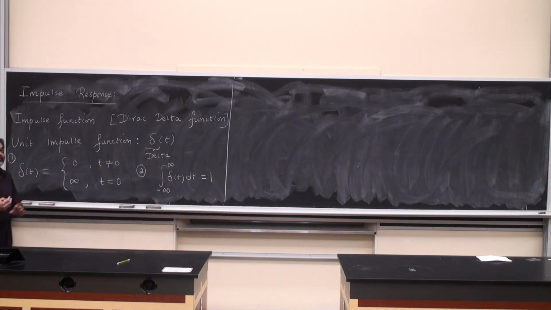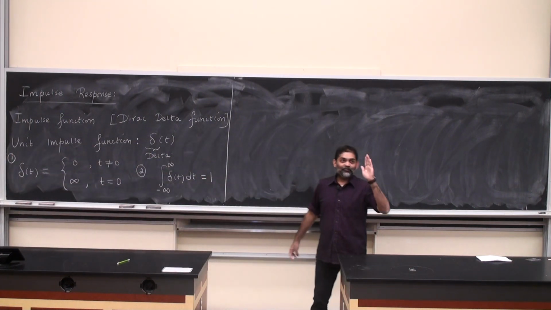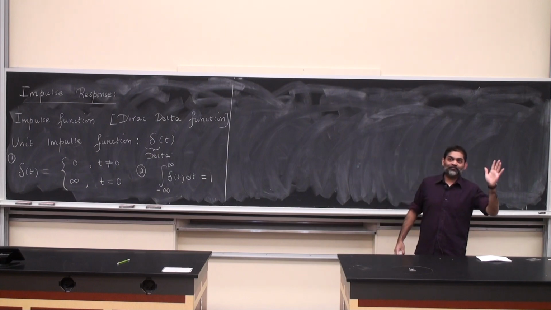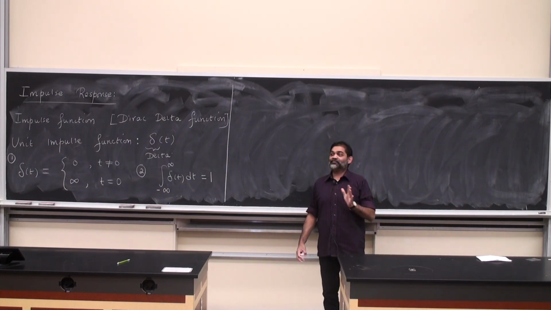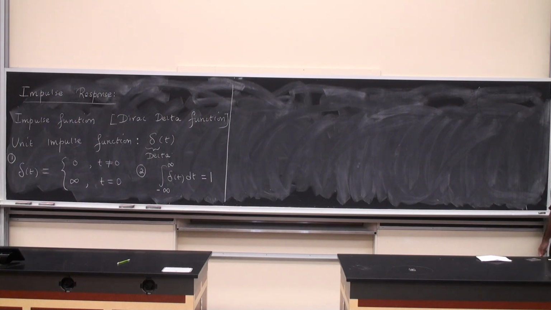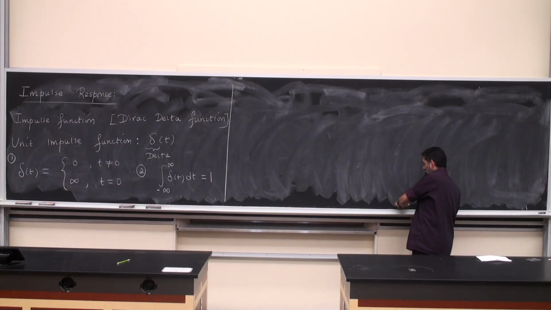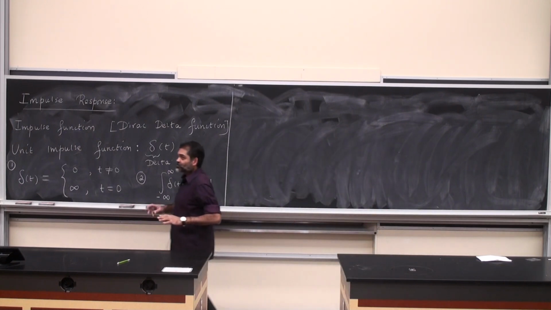So very interesting function. It has a magnitude of infinity at t equal to 0. But if I take an integral of this function from minus infinity to plus infinity, which means I'm considering the area under the function, the area under the function is equal to 1. Very weird. So what gives? And how does this function have this particular form? We will start looking at that.